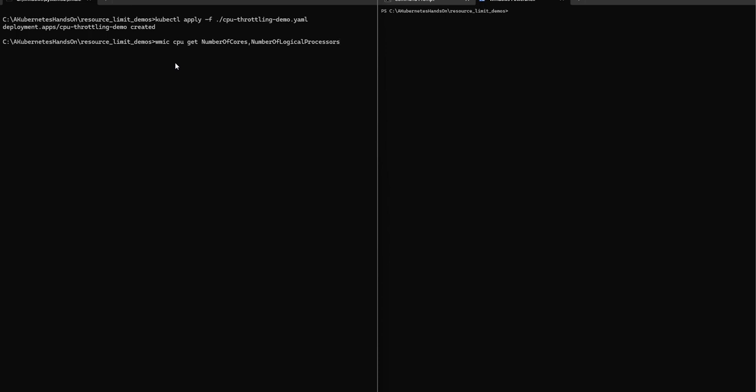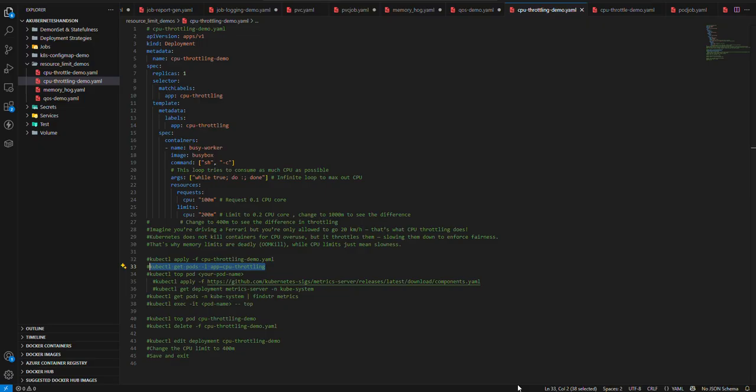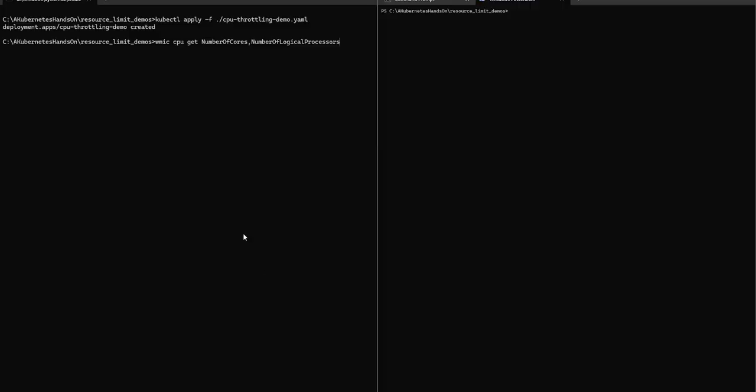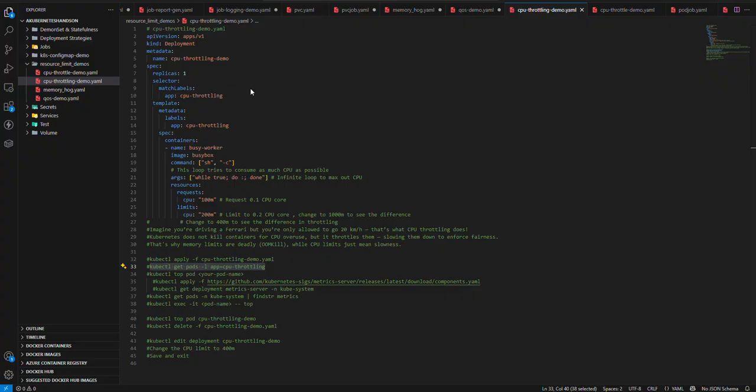So it is created. What is this command? kubectl get pods where label is app equals CPU throttling. Currently the container is in creating state. Okay, let it get created.